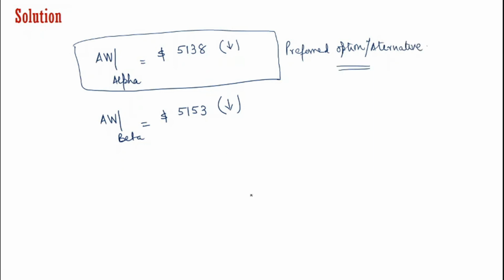So this is the solution to the problem, and the important thing to note here, repeating it once again, is that whenever we are solving the cash flow comparisons based on annuities or on future worth, it's always better to compute the present worth first and then convert this present worth into annuities or future worth.